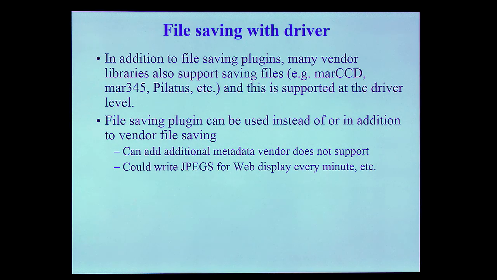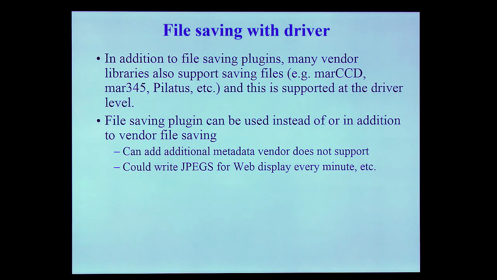But if the vendor format is what all of your analysis software is based on, and a lot of times it is, right? People know how to read MAR-CCD images, or they know how to read Pilatus TIFF files or CBF files. But they don't have the metadata.